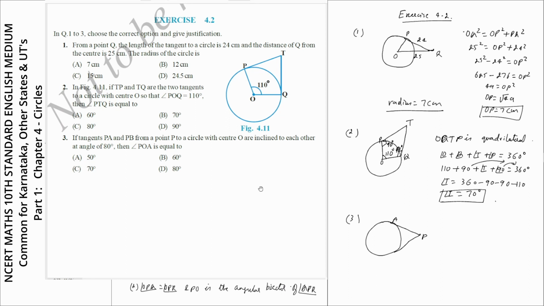These two tangents make an angle of 80 degrees. So they are asking us to find the angle AOB. So what is this angle? This is similar to the previous problem. OBPA is a quadrilateral.